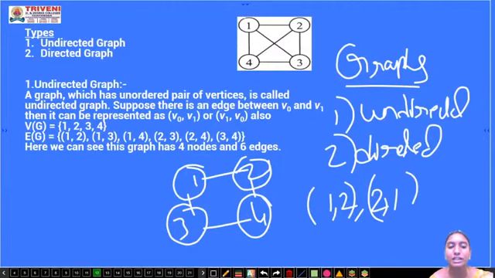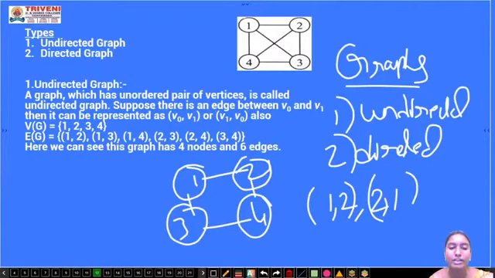Suppose there is an edge between v0 and v1, then it can be represented as v0 v1 or v1 v0. Also V of G equals 1 2 3 and 4, the vertices in the graph, and the edges are 1 2, 1 3 and 1 4, and again 2 3, 2 4 and 3 4.